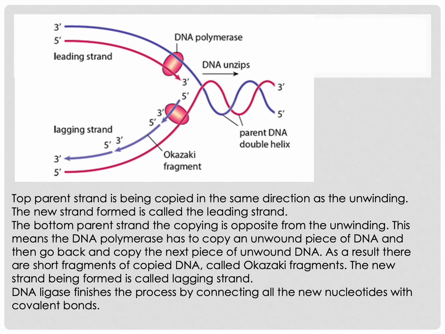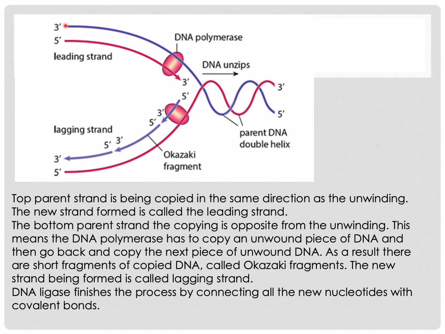Remember, DNA polymerase copies from a 5' to 3' direction. So when we have a strand of DNA that has unzipped, that's the helicase has come through and unzipped it, we have our parent or original strand. The parent strand is represented by this top one in blue, and this bottom one is in red.